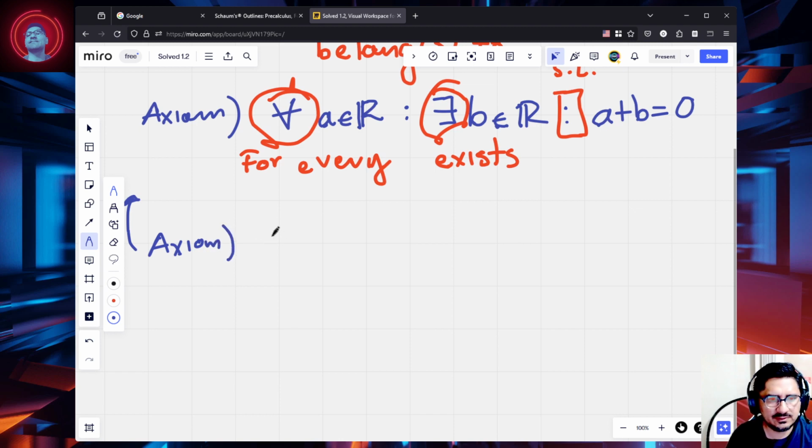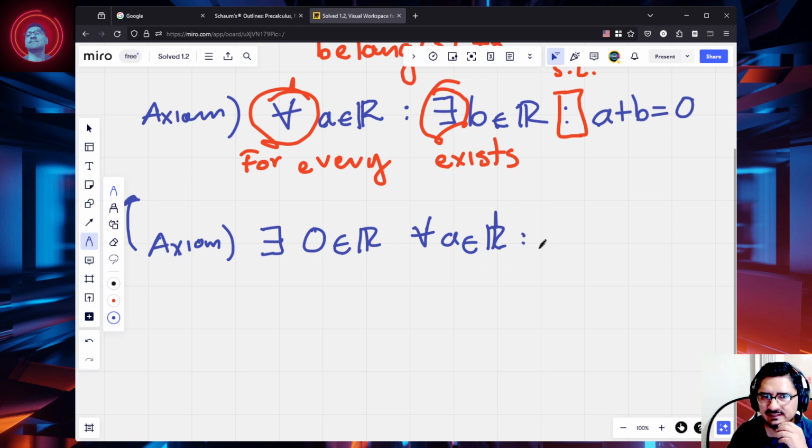There is another axiom. From the algebraic point of view, we have to be aware of this. There exists an element called the 0. So there exists some element called 0, such that for every real number, check here, we are switching the position of these two symbols. This 0 is for every real number. And the property that defines 0 is that a plus 0 is equal to 0 plus a, and this is a neutral element.